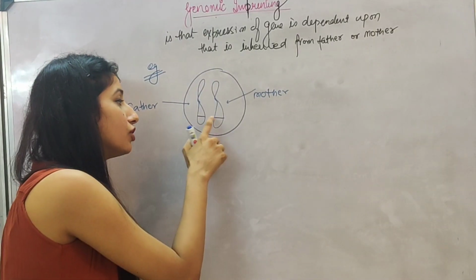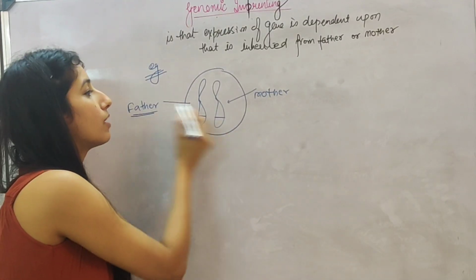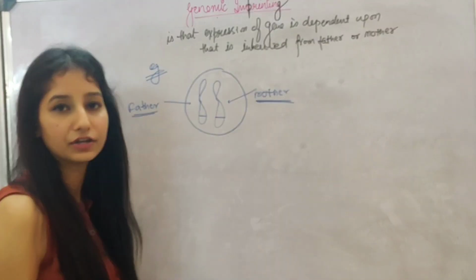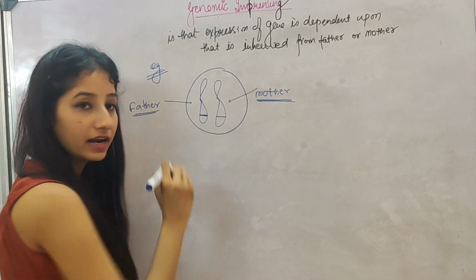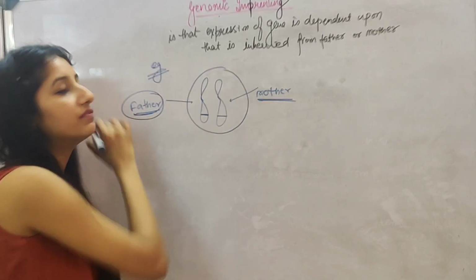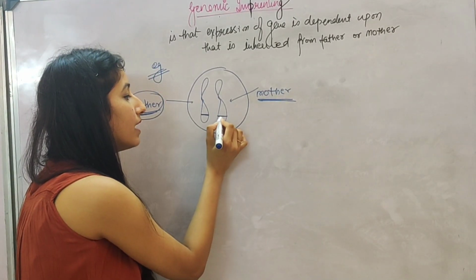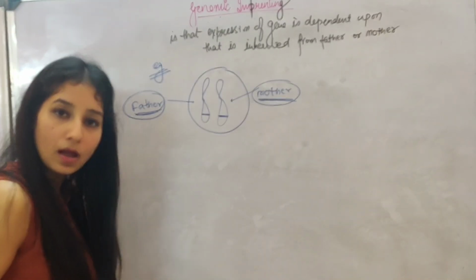But the expression of these genes will be dependent upon whether it is inherited from the father or from the mother. In some conditions, this gene is inherited and will be able to express because it has been inherited from the father, and this one won't be able to express itself because it has been inherited from the mother.